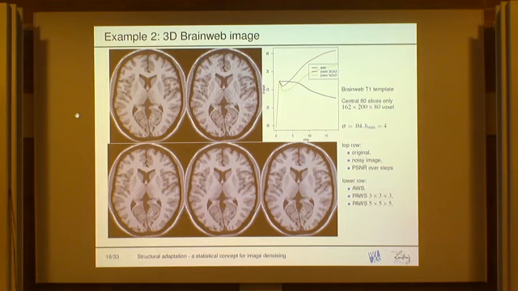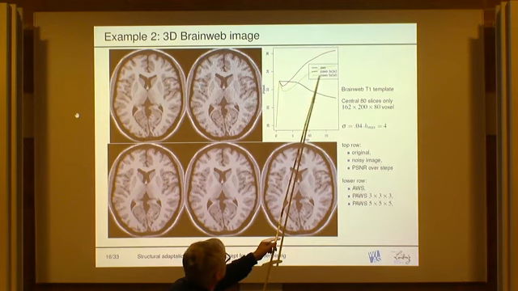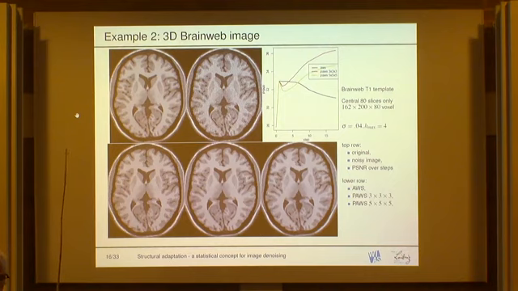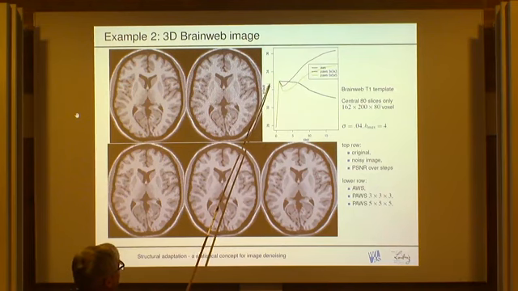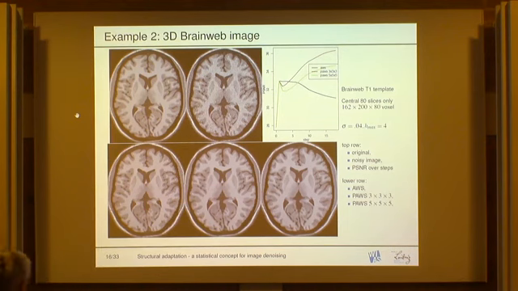So if you go to 3D, what I want to emphasize is how, over steps, the adaptive weights, the patch-based adaptive weights with 3x3x3 patches and 5x5x5 patches, behave in terms of peak SNR over steps.